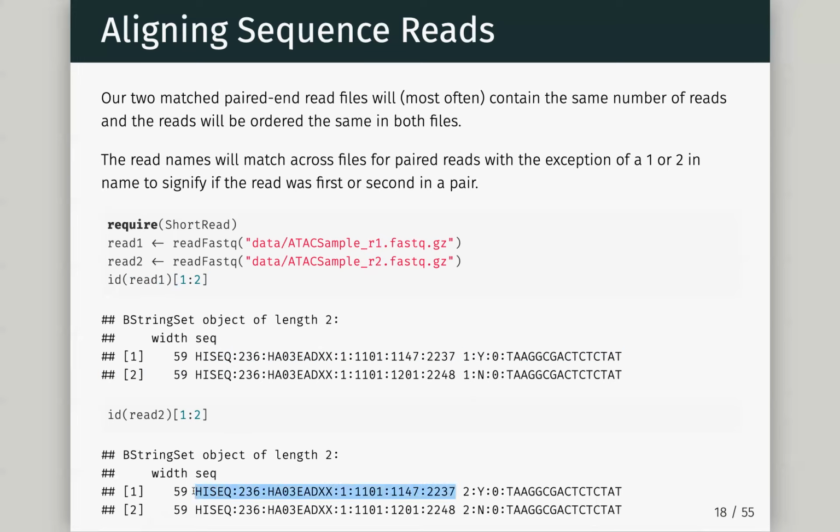And this name here should match everything else in the first ID. So this ID and this ID match. That means they were paired. Can you see that? This name here and this name here do match. The only difference really is this, read 1, read 2.